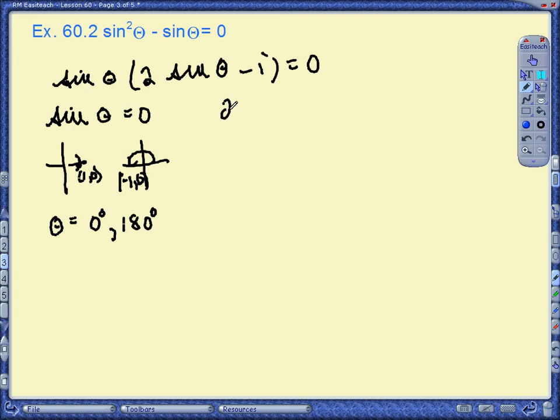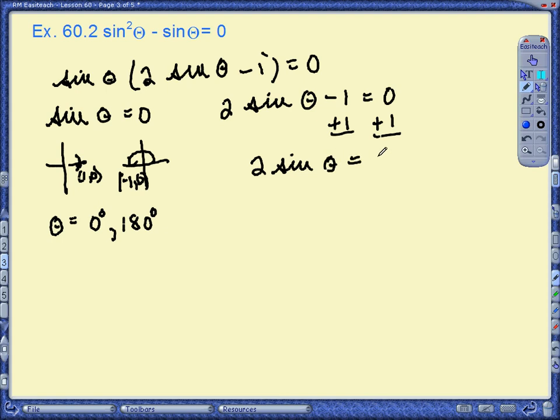We're going to set this factor equal to 0, so we're going to have 2 sine theta minus 1 equals 0. We would add 1 and then divide through by 2. We would get sine theta equals 1/2. Okay, that's a positive number.